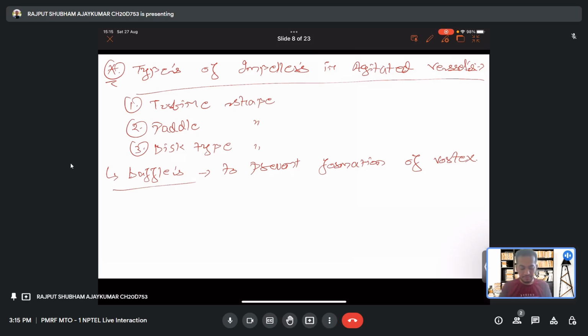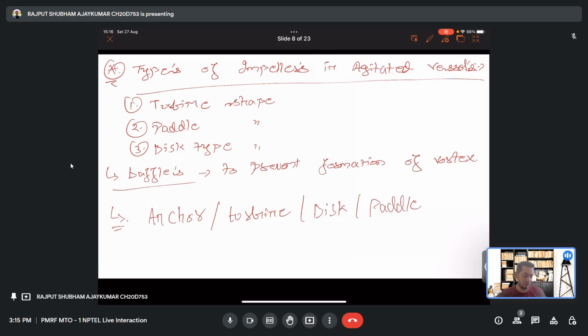Apart from this, there are various different terms which you might have gone through. There are different types of impellers also, like anchor impellers, and if you go to the lecture notes, the concepts might be given for the same. So there will be an anchor, turbine shape, disc, paddle.